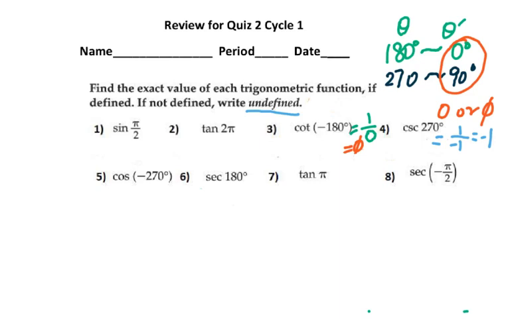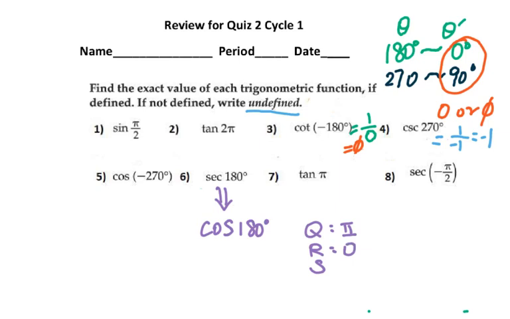Let's go to secant 180 degrees. So its major trig function will be cosine 180 degrees. For cosine 180, that will be -1 because with QRS, we go to the second quadrant.